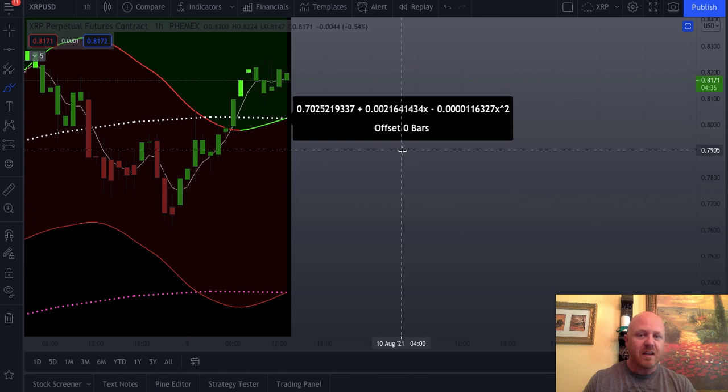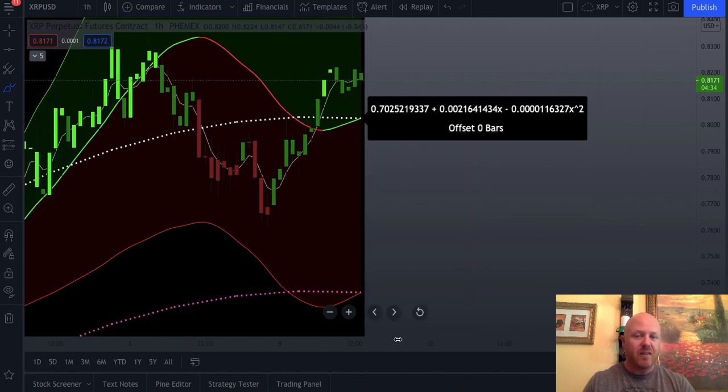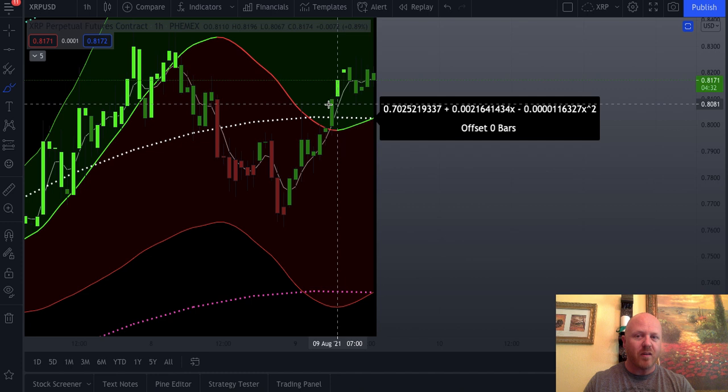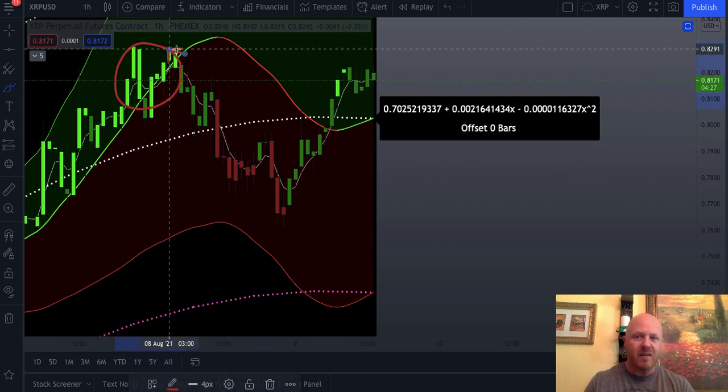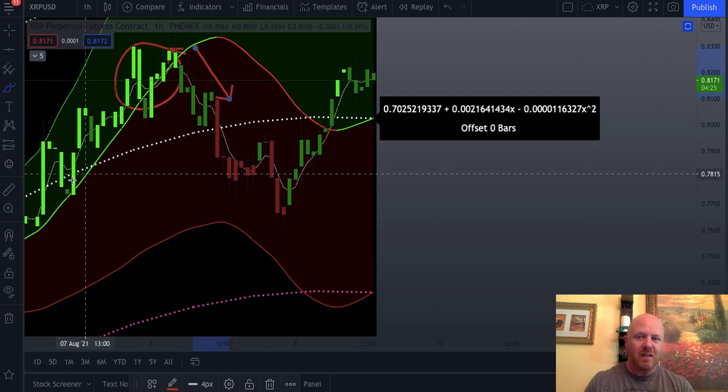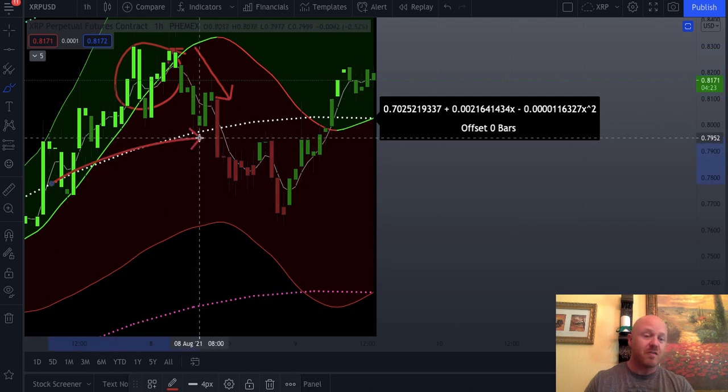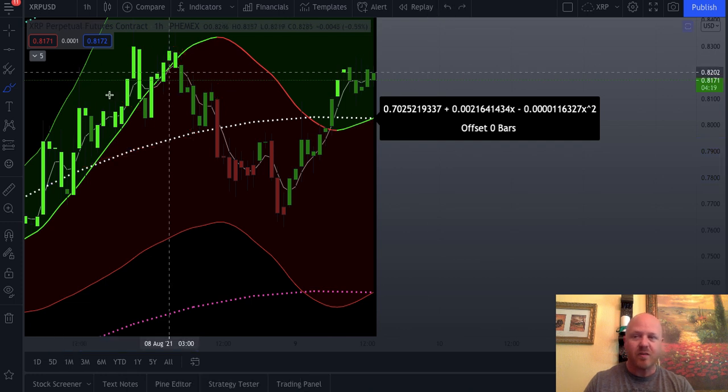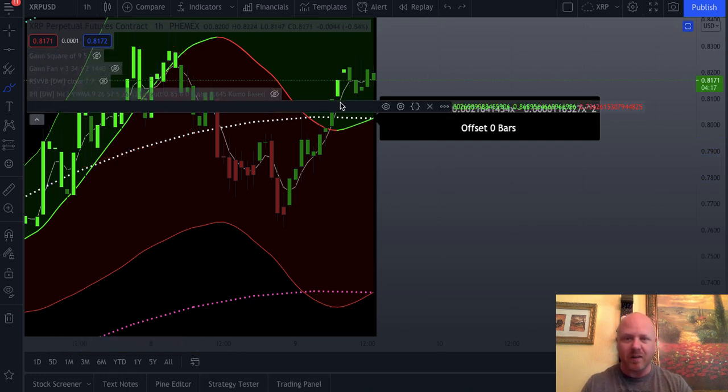So your regression study has you going back to 70 cents. If this falls apart and Bitcoin falls apart, look for the price to return to the median line, because as you can see right here, it returns to the median line. That's why it's a median line, right? That's just your trading average. So keep that in mind. It can also pump up, guys. It can also pump up. So we don't need to be negative on it.